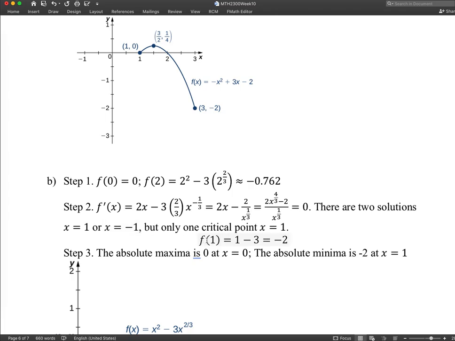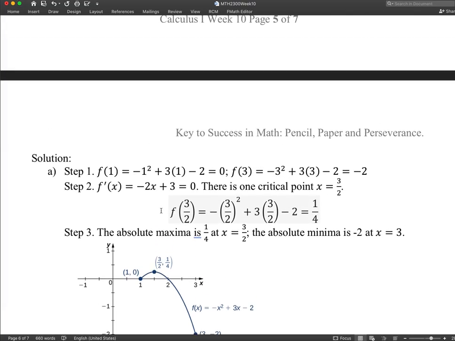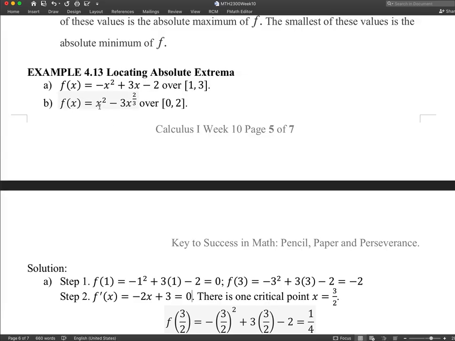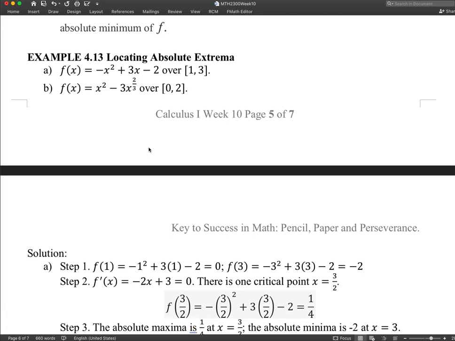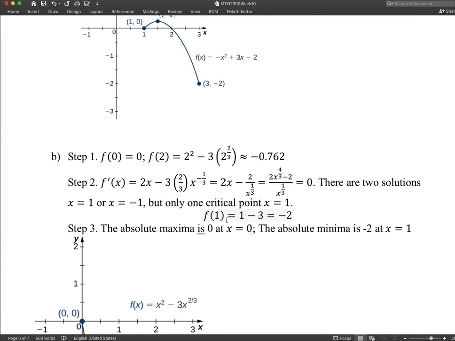And anyway, f of 1 is right here. 1 is the critical point: 1 minus 3, which is -2. 1 squared, 1 to the 3 halves, 1 to the 2/3, they are just 1, so it's just 1 minus 3. So the critical value f of 1 is just negative 2.